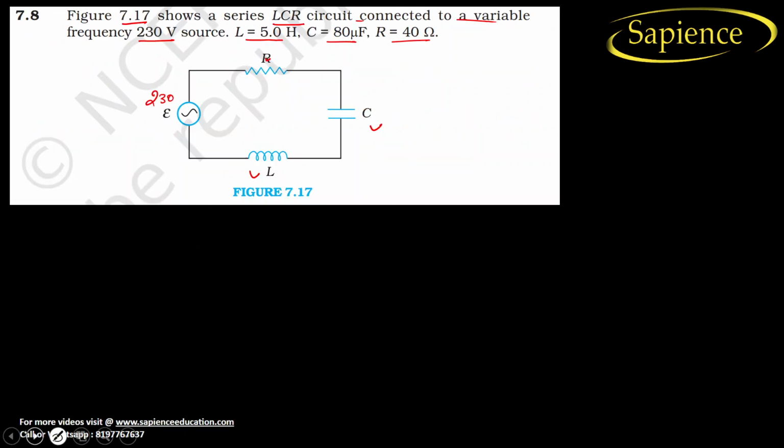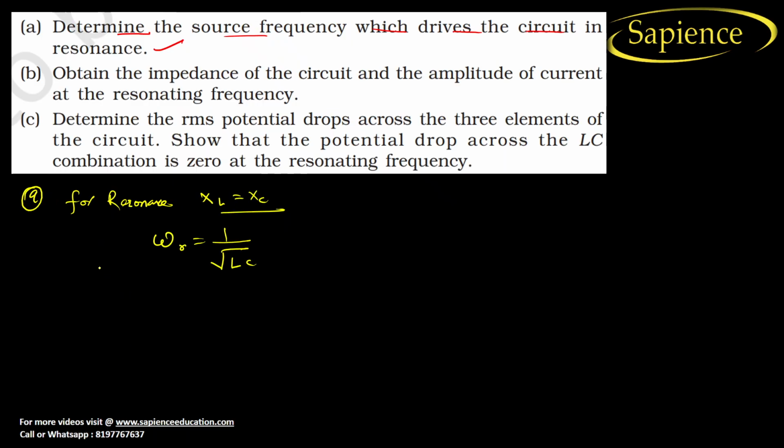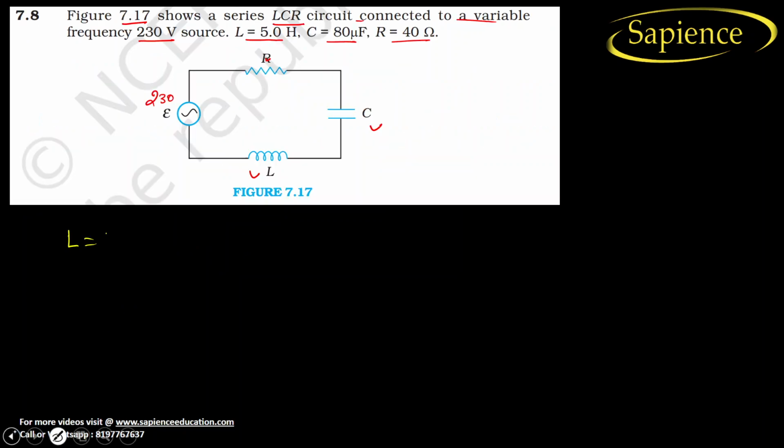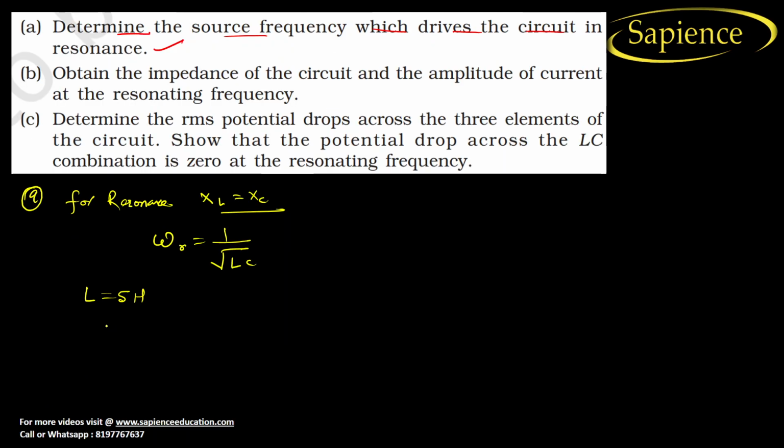Now what have they given you? They have provided you L is equal to 5 Henry, and next they have provided C is equal to 80 into 10 to the power minus 6 farad. Now put the values so that we can get it.